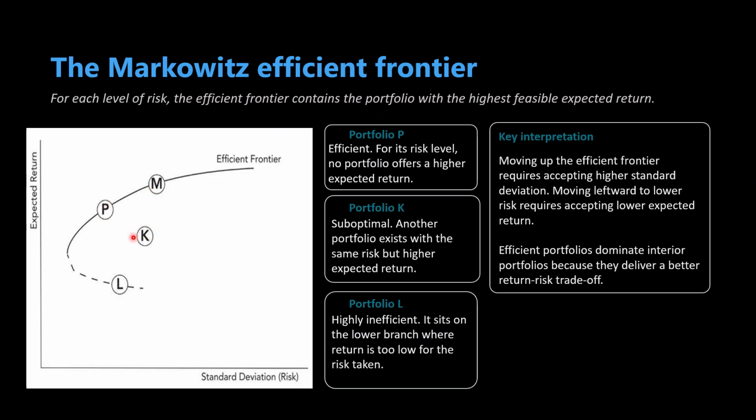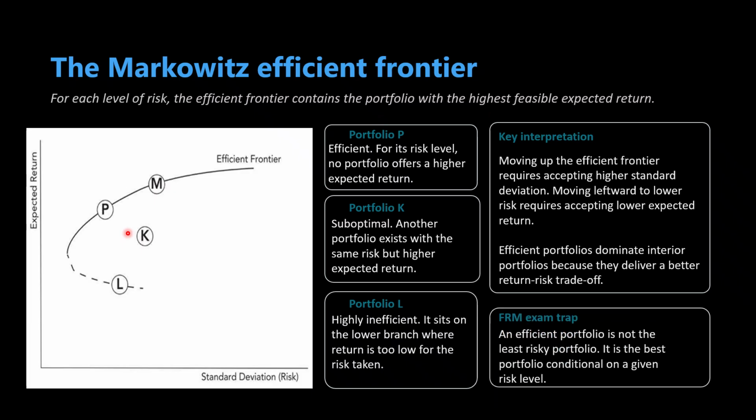Portfolio P sits on the efficient frontier. For its level of risk, no other portfolio offers a higher expected return. So it is the optimal portfolio, and rational investors would always be willing to hold this portfolio.